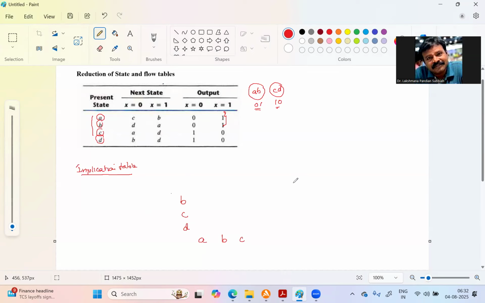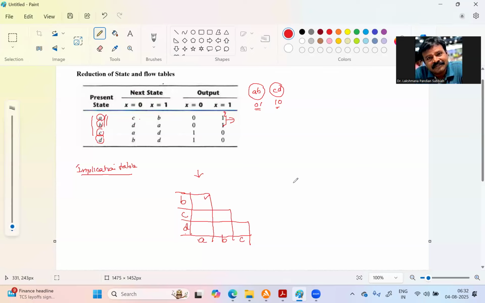Now we are going to find the implied states. You draw the cells. Looking at the first column from top to bottom, you see B, C and D. If A and B have the same output, then you make a tick mark.